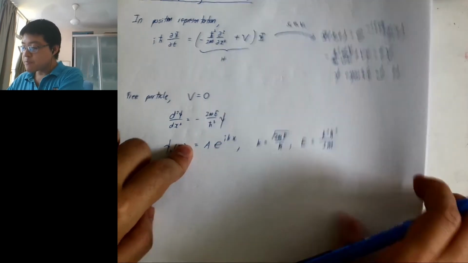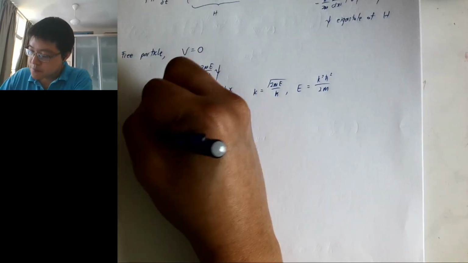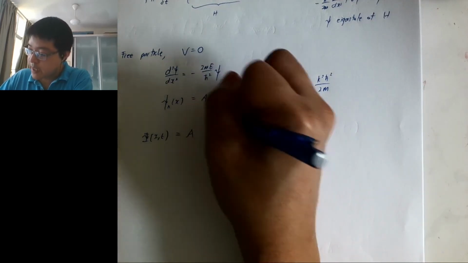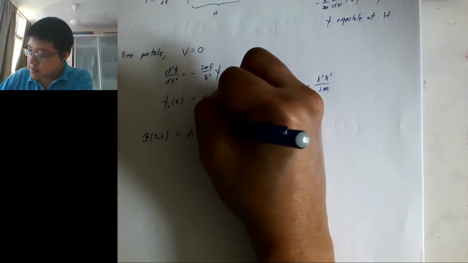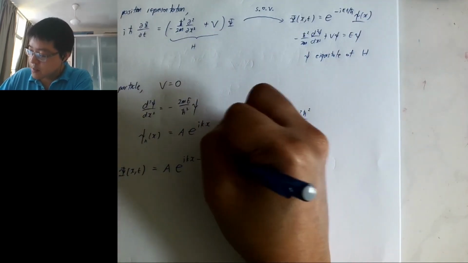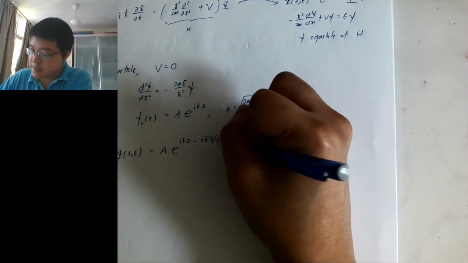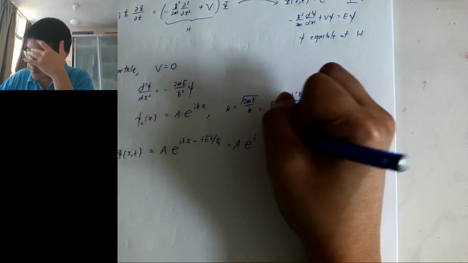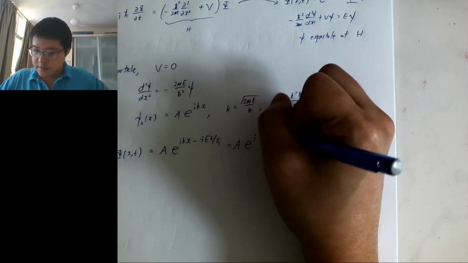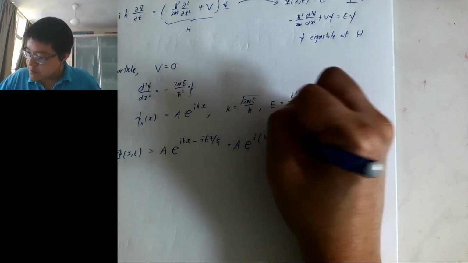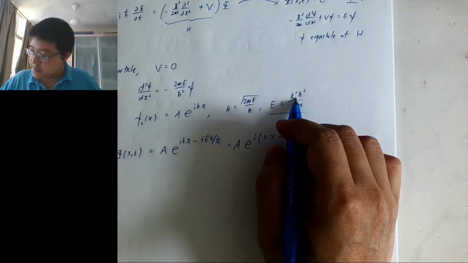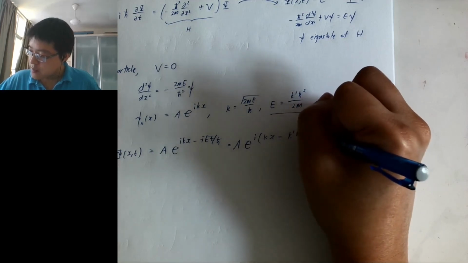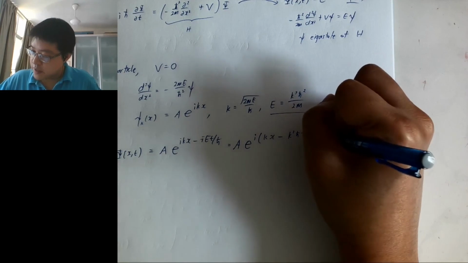So if we put this back into our time-dependent wave function, we got A times e to the ikx, and then minus iEt over h bar, and my E is given by this. I take out the i, and then I got kx minus this E, so it's k squared h bar t over 2m.